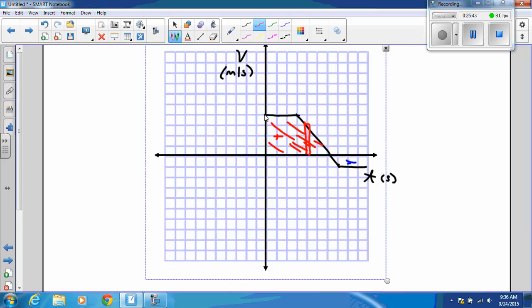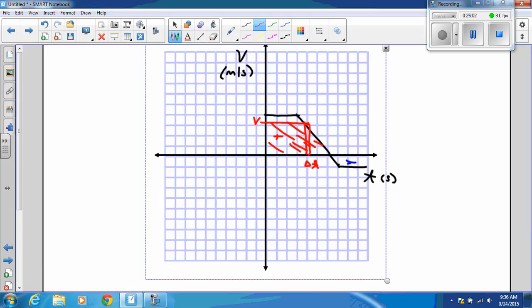So picture a bunch of rectangles, and now the rectangles start shrinking in height. Okay? And each rectangle is going to have an area that I can consider to be delta t, a little chunk of time along the time axis, multiplied by the velocity at that time.